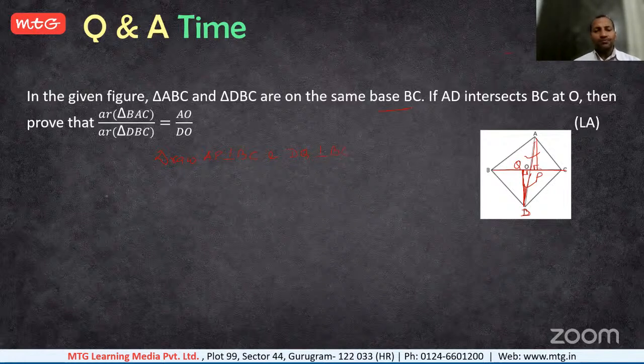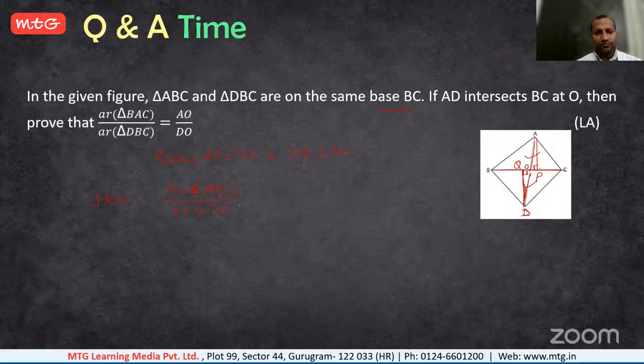Now we will take the ratio of their areas, means area of triangle ABC divided by area of triangle DBC. We know area is half into base, which is BC, and height we have taken AP.